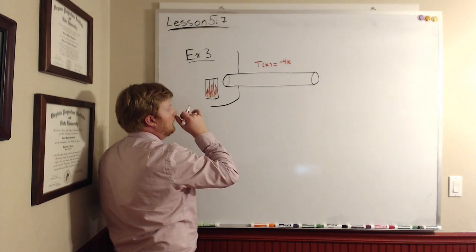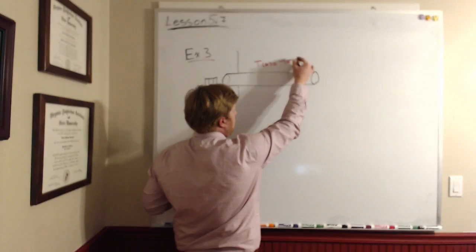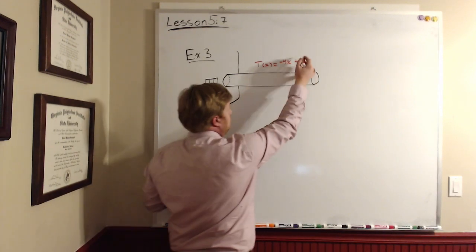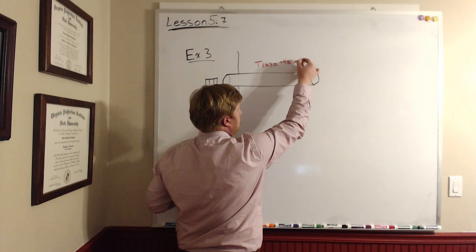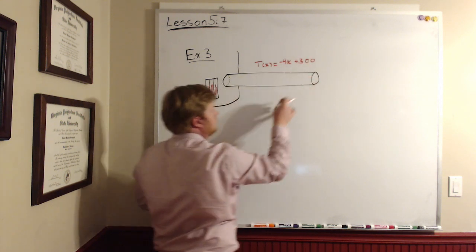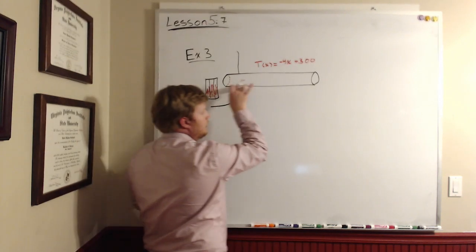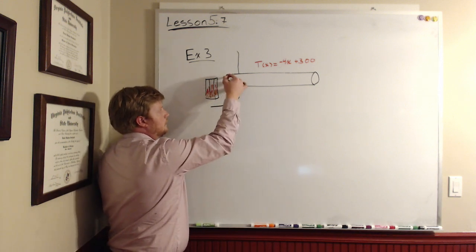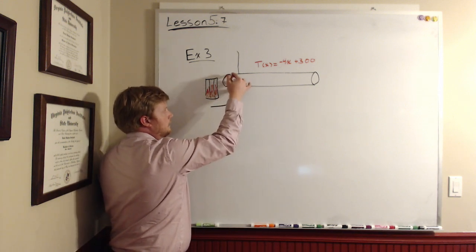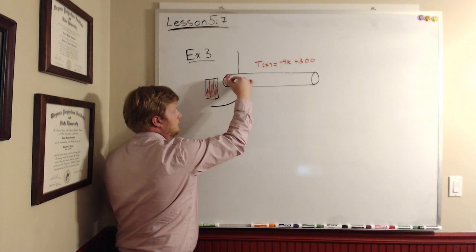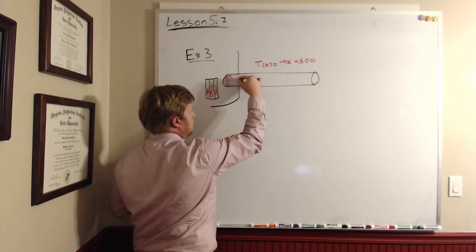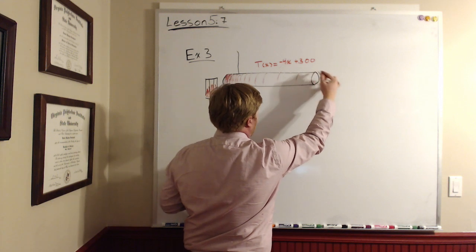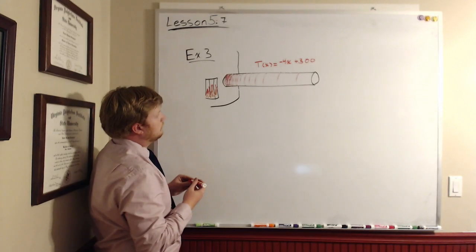And maybe this has an initial temperature of, let's say, 300 degrees. So it starts at 300, and as we go along, it gets cooler and cooler. So red hot here, but then it starts to sort of cool off.